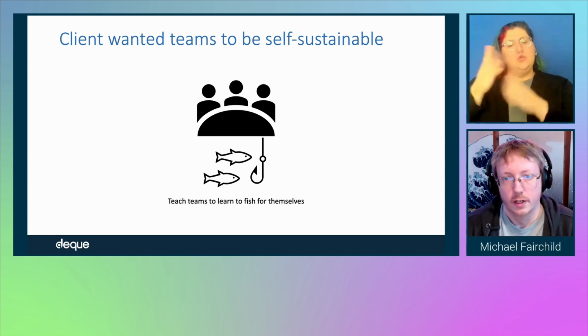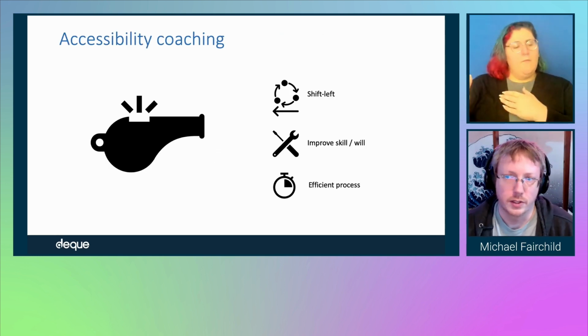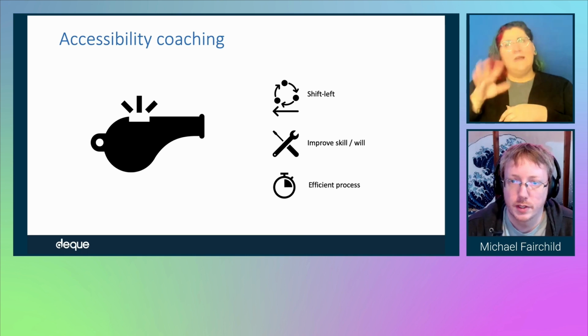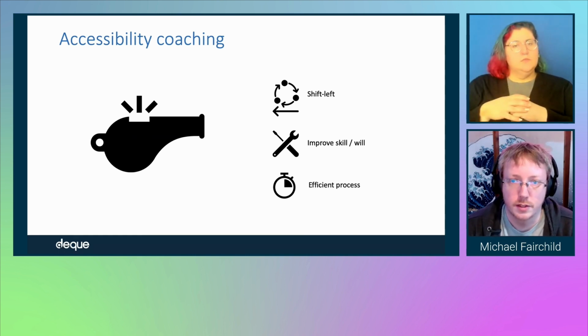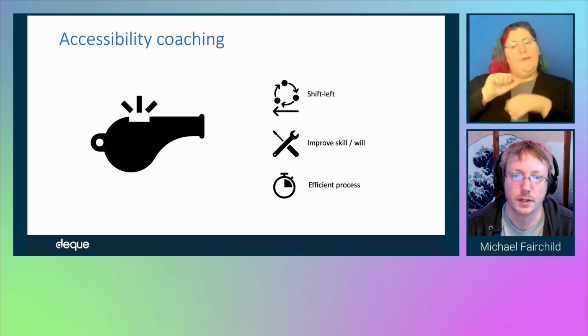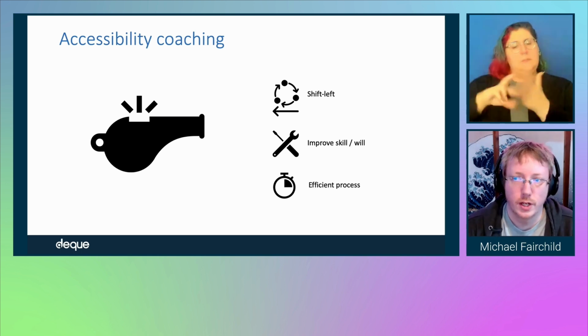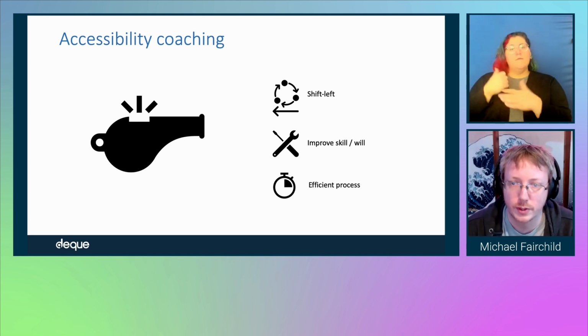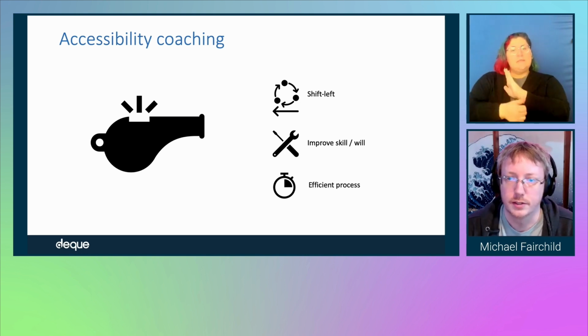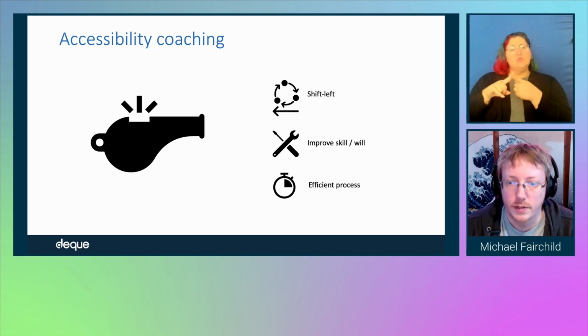So this kind of speaks to accessibility coaching. I'm an accessibility coach, and what I do as an accessibility coach is I join a team with the goal of helping them to change their skill, their will, and their process to account for accessibility as early and as efficiently as possible.